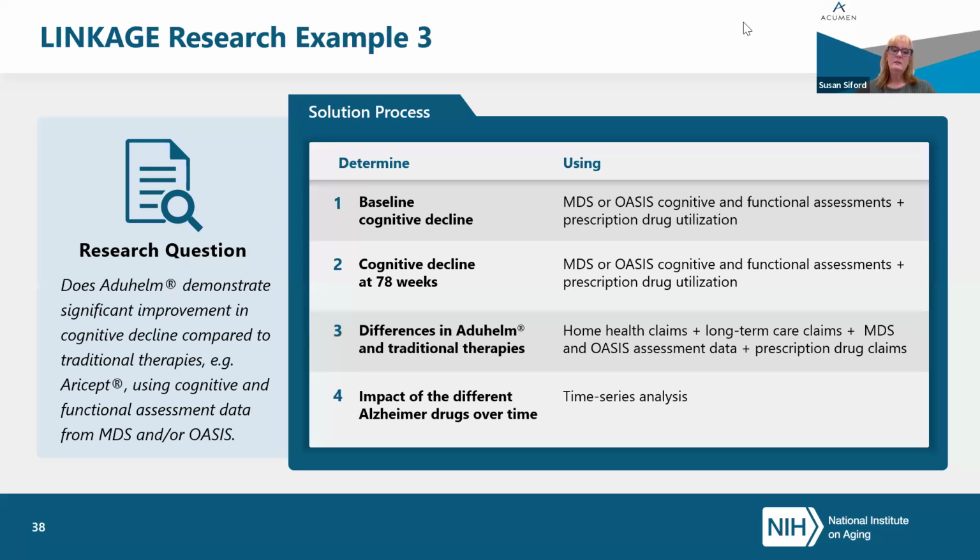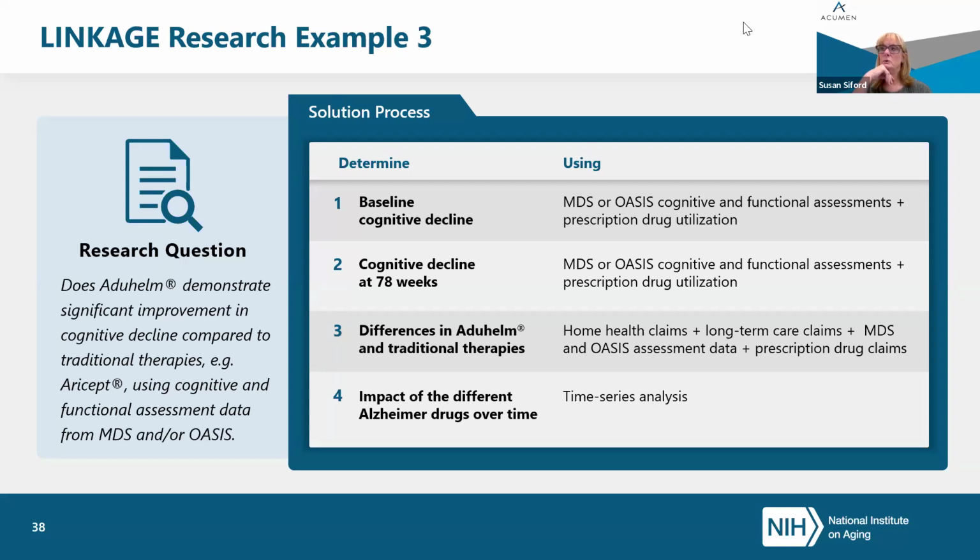I'm a pharmacist by training, so of course I have to add a drug example into this. This is to look at whether one of the Alzheimer's drugs demonstrates significant improvement in cognitive decline compared to traditional therapies.